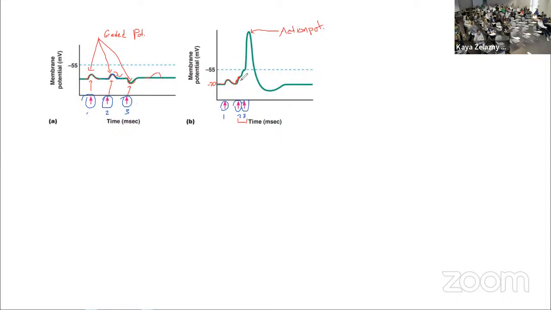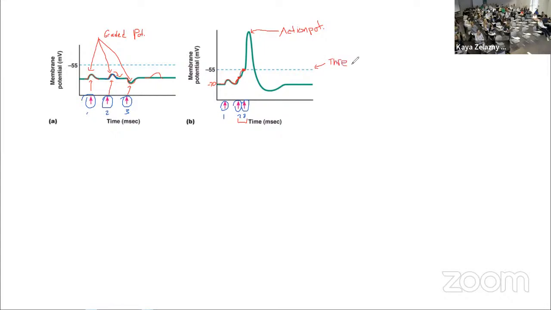And so they start to add up. We didn't have that membrane potential go back to rest. We didn't have enough time, and so we add on that little change that's happening in response to stimulus 3. And this is where we hit this threshold value. This is that threshold of -55.